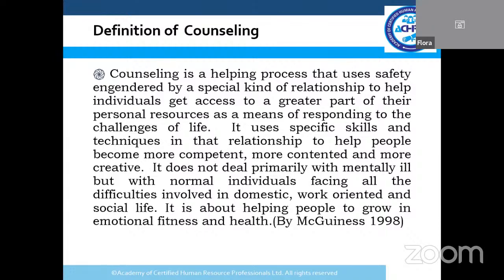Once you possess them, then they're going to help the individuals or those people you are helping to get access to a greater part of their personal resources. Remember, each one of us has resources, but there are some resources which are dormant within us and we are not aware of them.